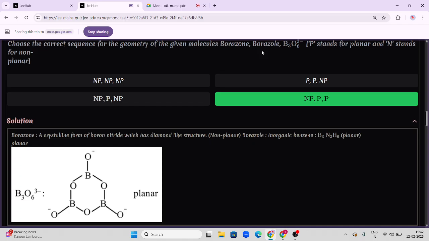Does it look like benzene? Then it has to be planar. Look at the structure of B3O6 3-. Doesn't it look like the conjugate base of boric acid here? Can you see this? Boric acid also forms hydrogen bonding, isn't it? They also have a two-dimensional layered structure, which is also planar here. Shall we go for the next question?